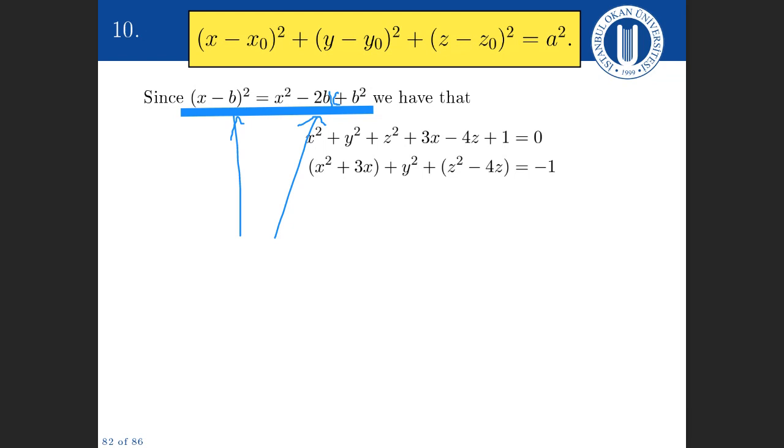It's half of the coefficient of x. Okay, so first let's group together all of the x terms, the y terms, and the z terms. So it's x squared plus 3x plus y squared plus z squared minus 4z is equal to minus 1.